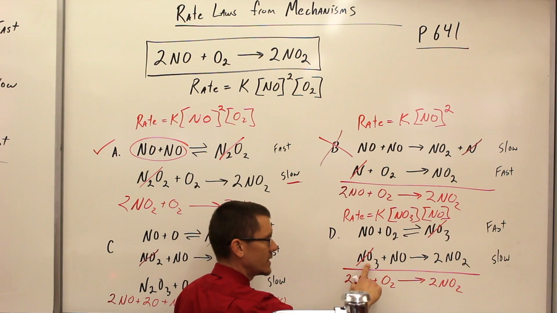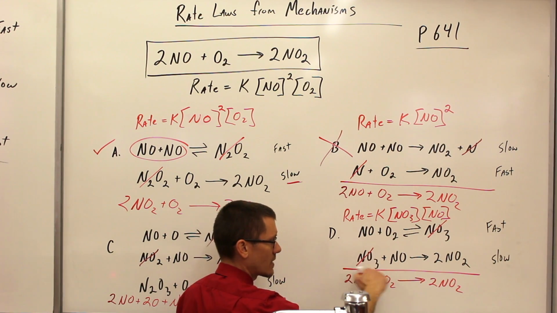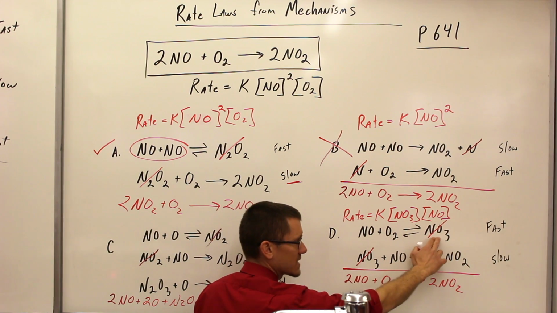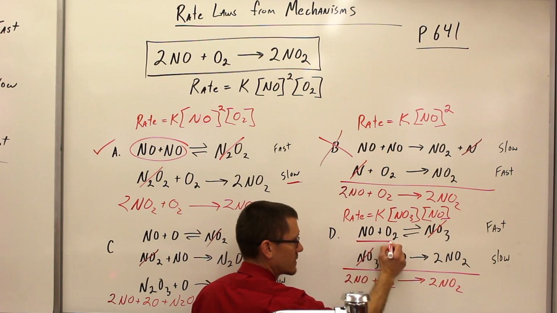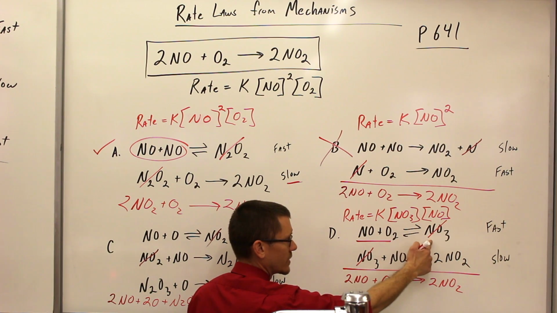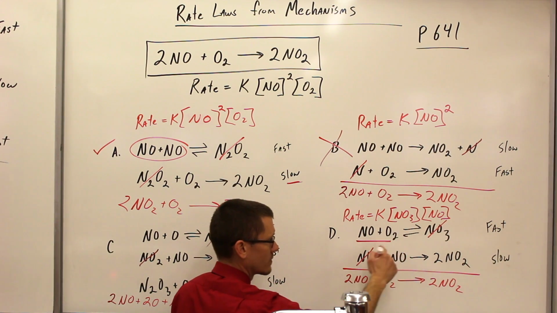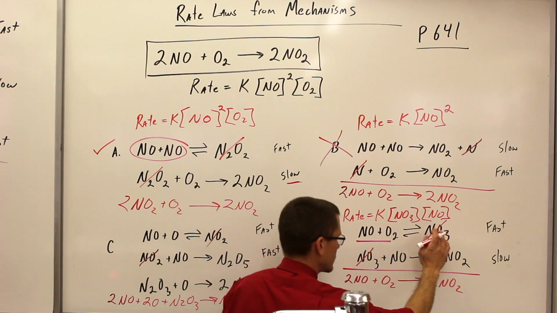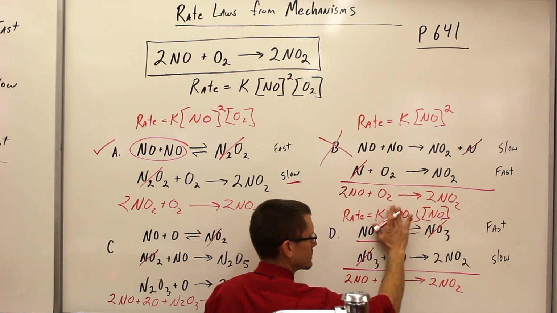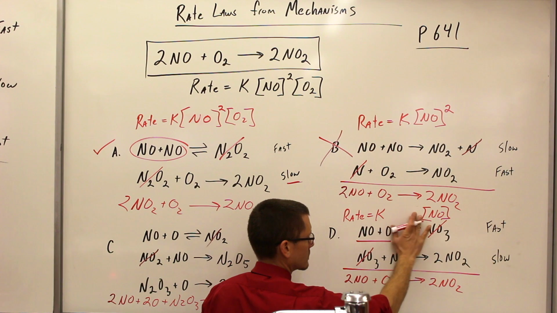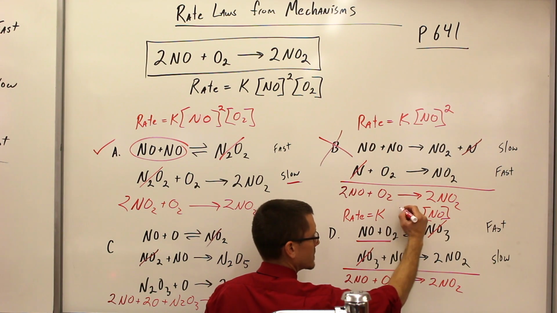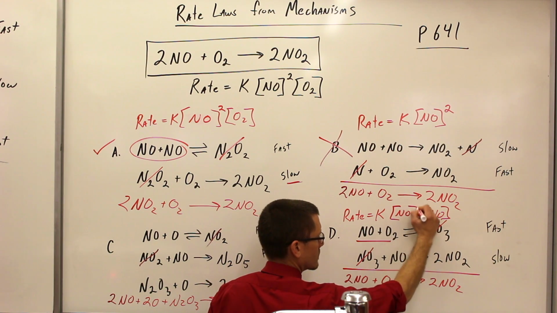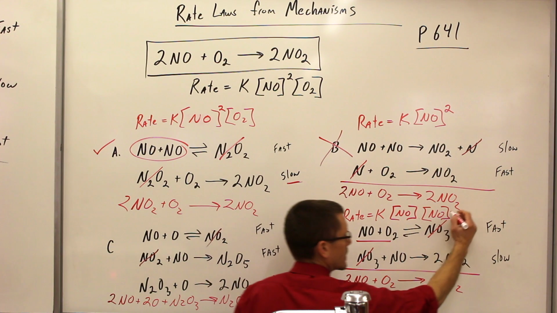We can't include the intermediate, so we have to figure out how we can substitute for that. We substitute it from the fast step, so we're going to put this in instead of our intermediate. That becomes another NO and an O2.